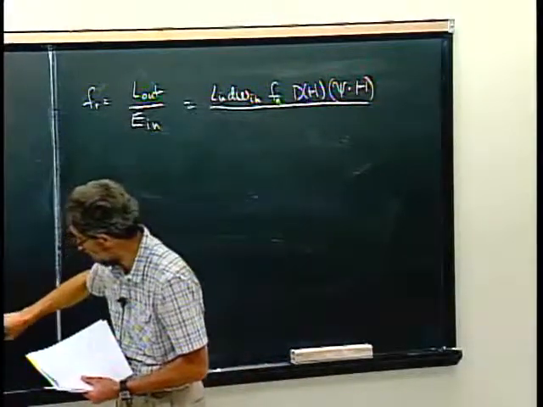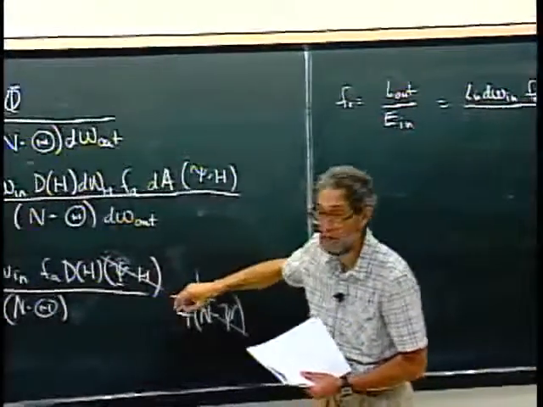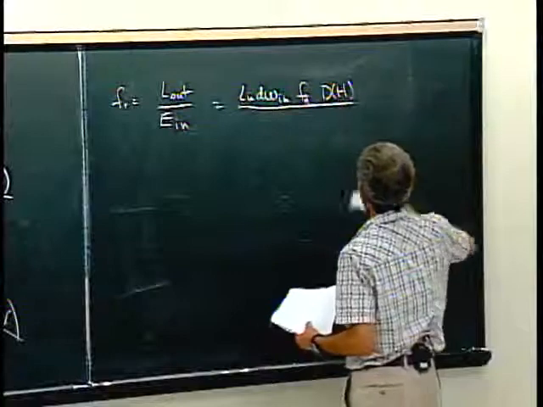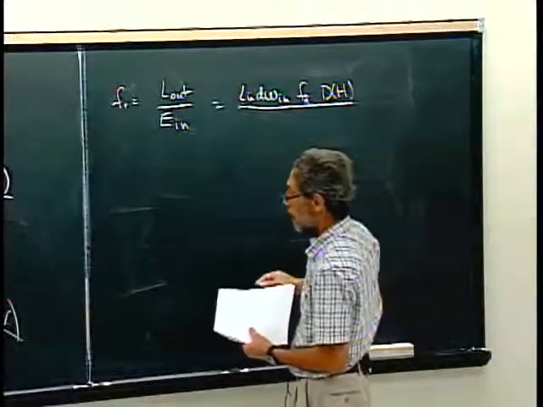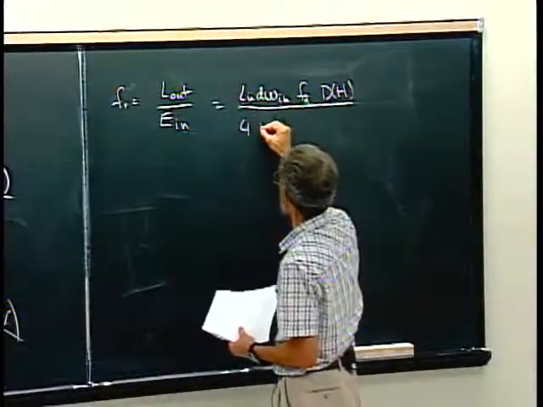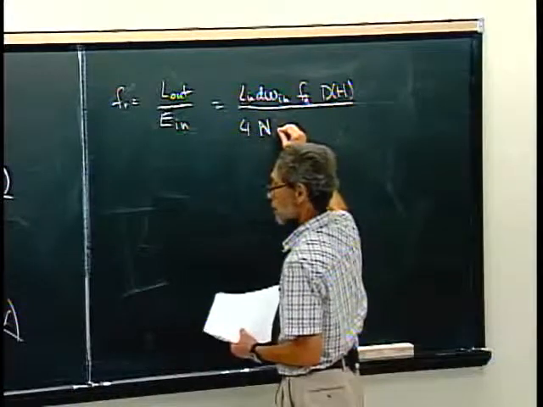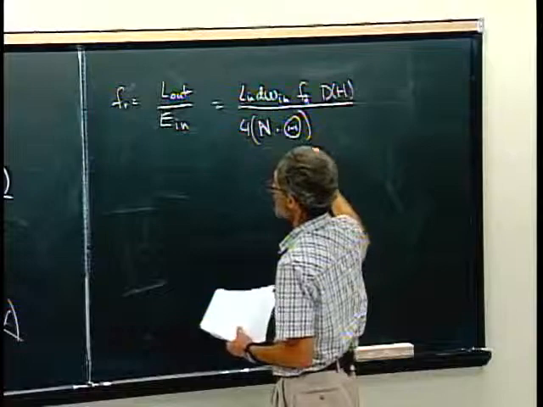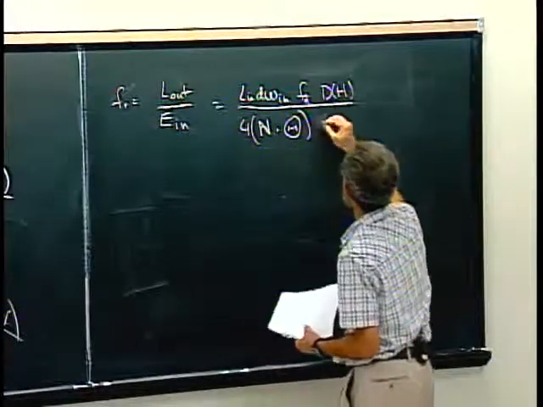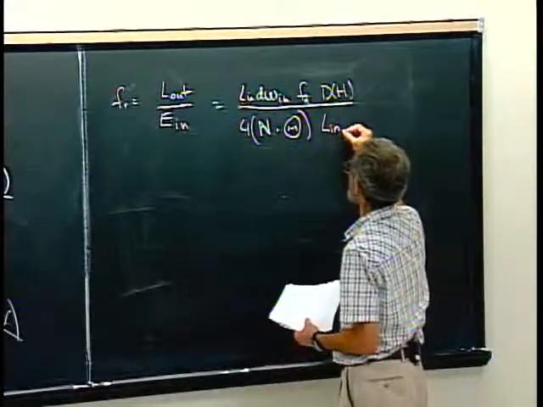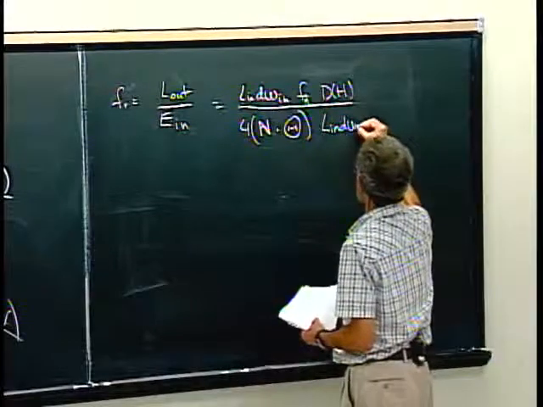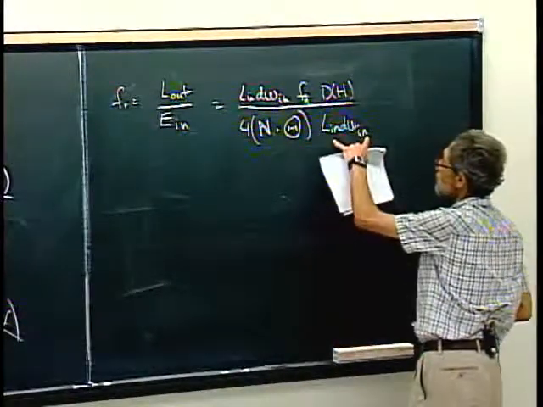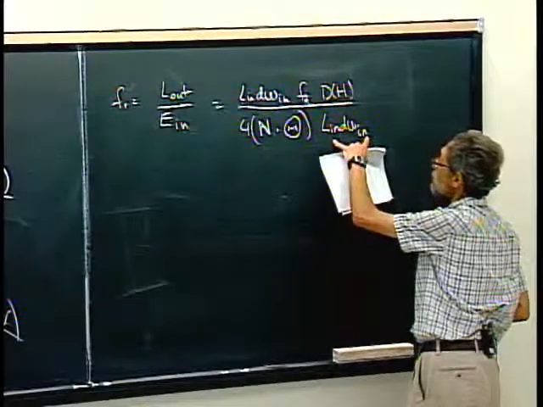This one is here, if you go back a board, and this one is here, so I don't need that psi dot h after all, because it cancels with 1 in the denominator. And then I have 4n dot theta. And now I have to divide by E in, which is L in d omega in. Right, that's the flux in per unit area normal to the beam.